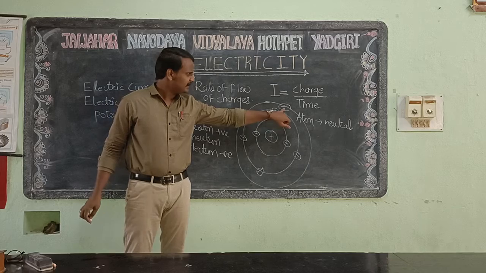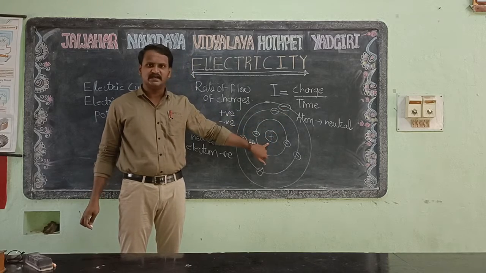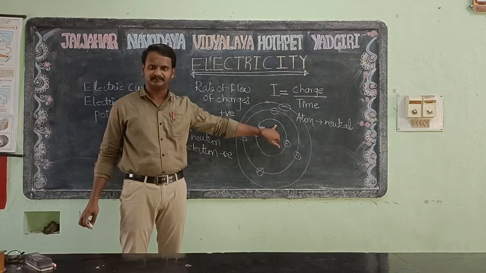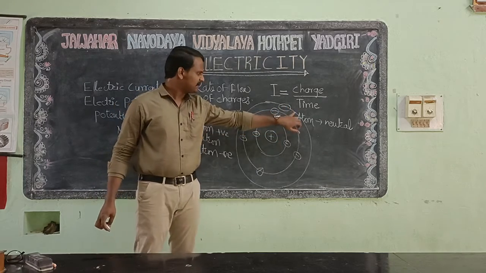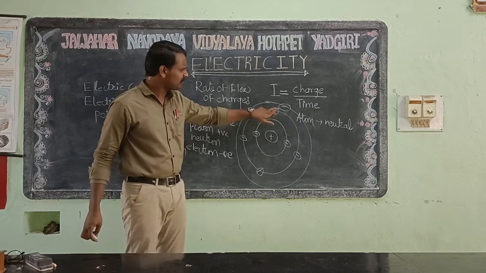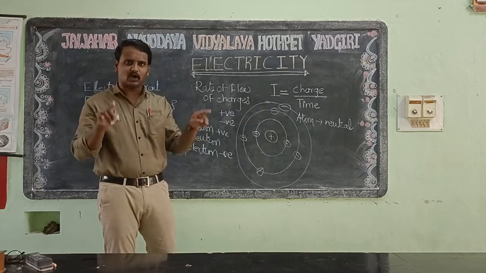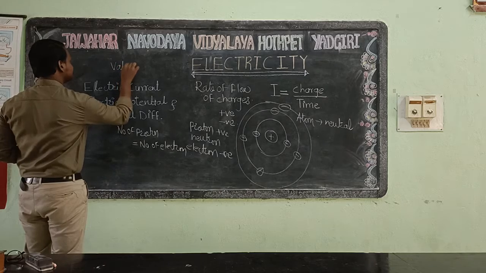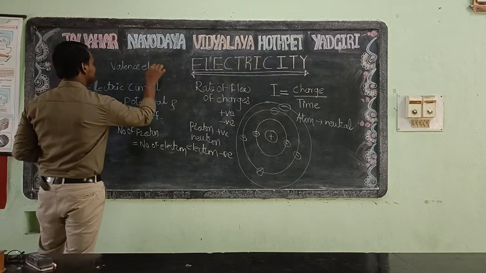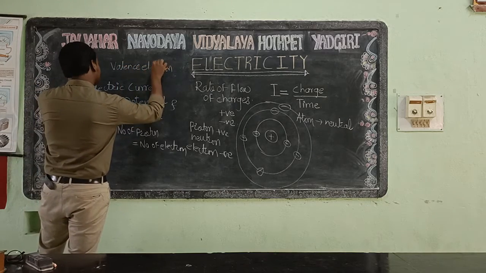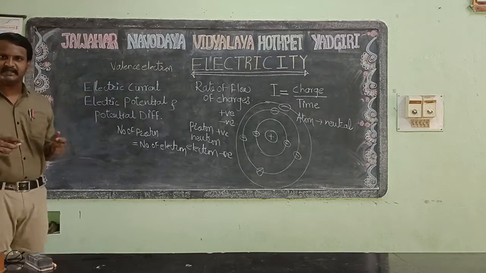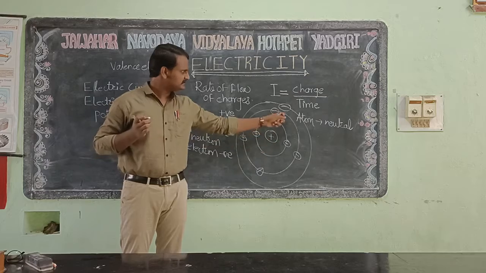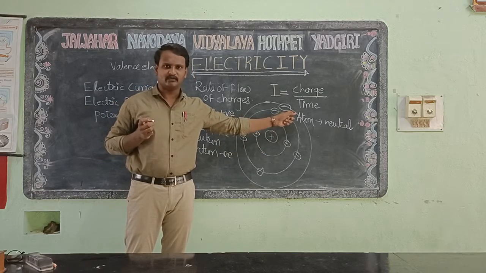This electron will be less attracted towards the nucleus because the distance is more than for the inner orbit. The electron present in the outermost orbit is called the valence electron. These electrons are loosely bound with the nucleus.